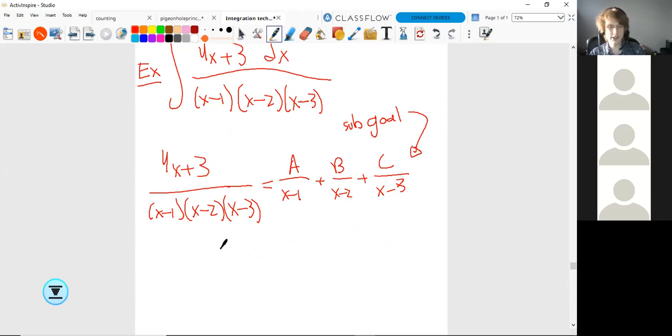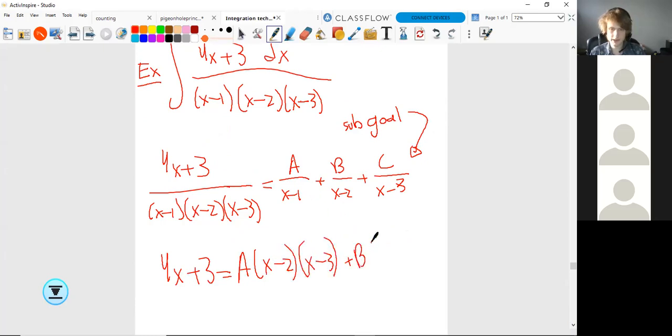Unfortunately, dealing with an equation like this where we have denominators is painful. So let's clear denominators: 4x plus 3 equals a times x minus 2 times x minus 3 plus b times x minus 1 times x minus 3 plus c times x minus 1 times x minus 2.